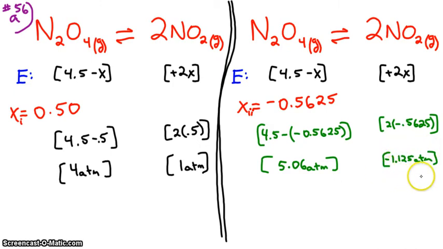It's impossible to have a negative pressure at equilibrium. So this solution is invalid, making this solution for X invalid. So the correct solution for X is here. So our equilibrium pressure of N2O4 is 4 atmospheres, and the equilibrium pressure of NO2 is 1 atmosphere.